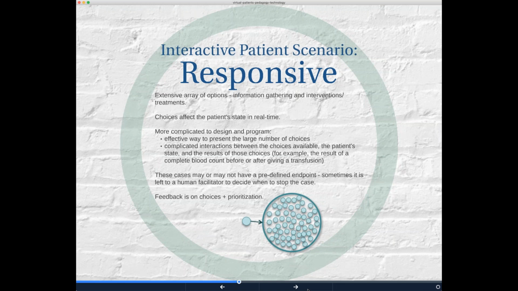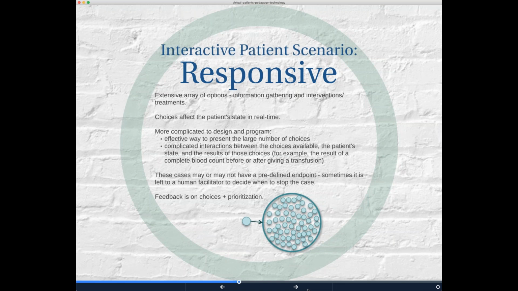And these are used commonly for acute care or critical care, where you won't necessarily proceed through a case in the typical order of a history and then an examination or assessment, and then any tests or examinations you want to do, and then coming to an early diagnosis, etc.